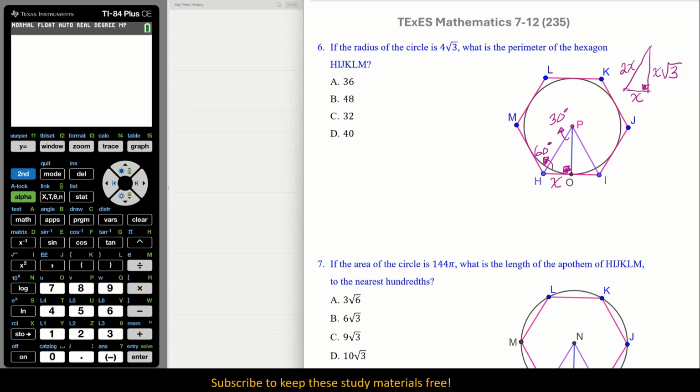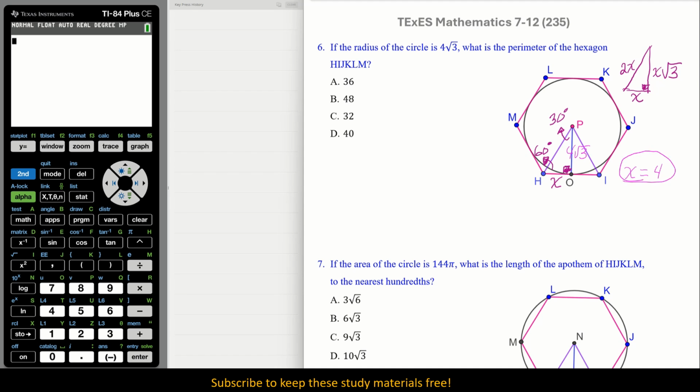That's like a rule, a property. Okay. So if you tell me that this radius is 4 square roots of 3, I know that my x will equal 4.